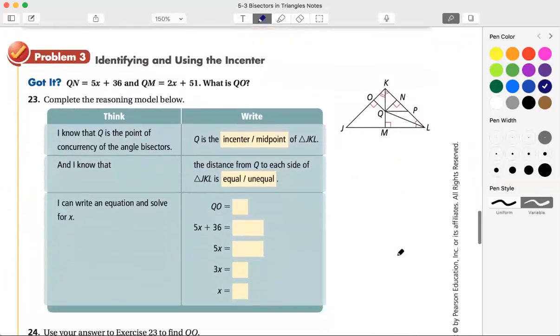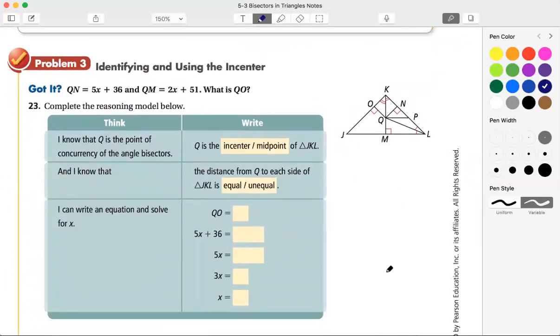All right, so let's see what we got here. I know that Q is the point of concurrency of the angle bisectors, so Q must be the incenter of the triangle JKL. And I know that the distance from Q to each side of JKL is equal. So QO must equal QM.